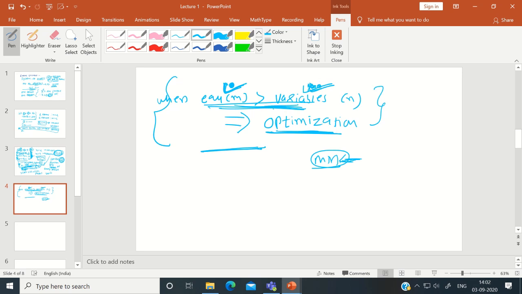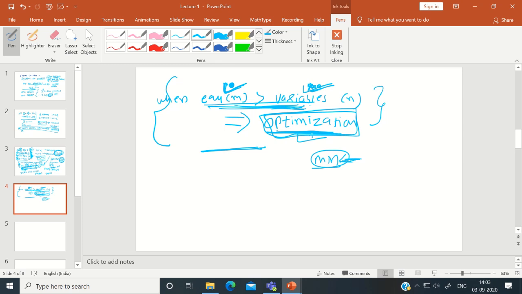If you find this case, then you have to consider optimization and use optimization algorithms. So this is all about the basics of optimization.